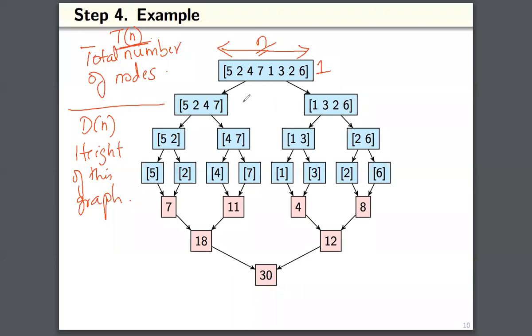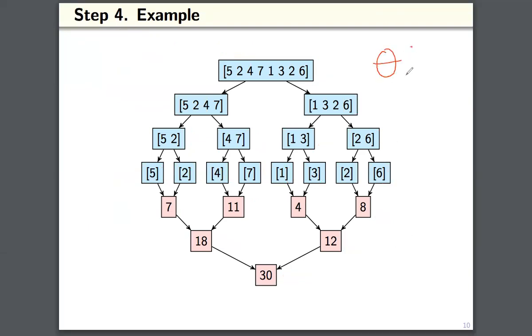So, okay, 1, 2, 3, 4, 5, 6, 7, 8, 9, 10, 11, 12, 13, 14, 15, 16, 17, 18, 19, 20, 21, 22. Right, probably we have 8 more here, say around 32 or something like that. So what is the total number of nodes here? It is theta n.